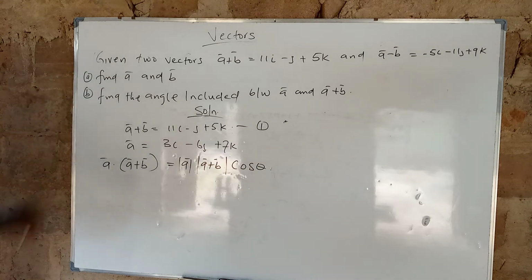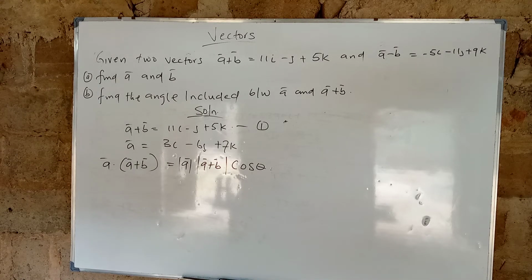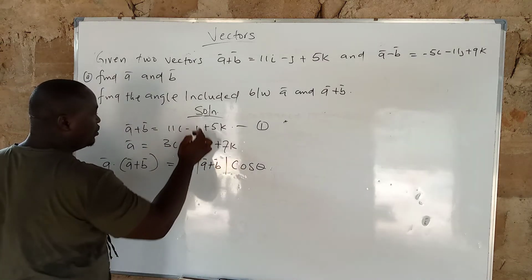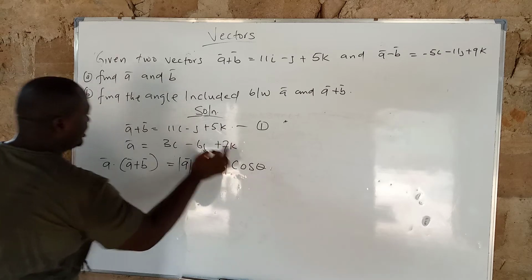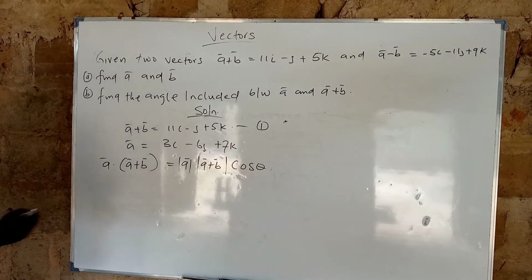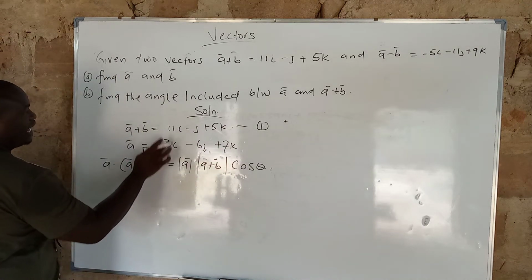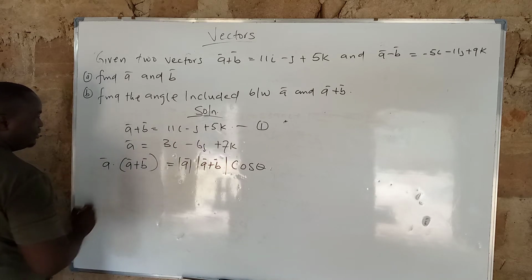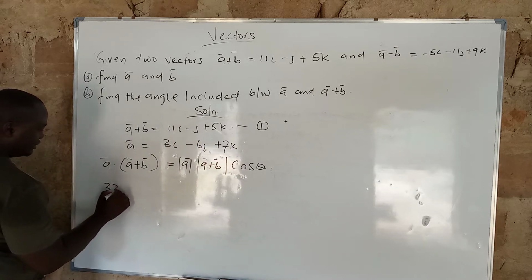Now, that means multiplication, right? Good. If you want to multiply those two values, it means I will go with I, J will go with J, and K will go with K. So 3 times 11 will give you 33.